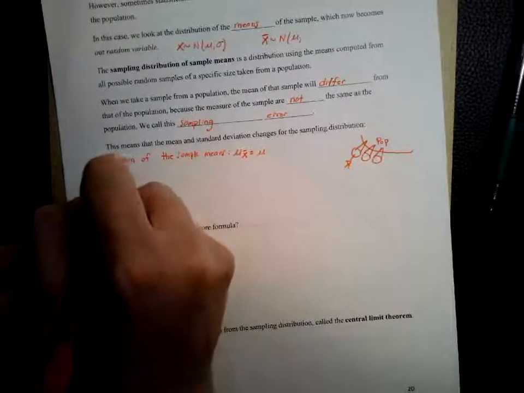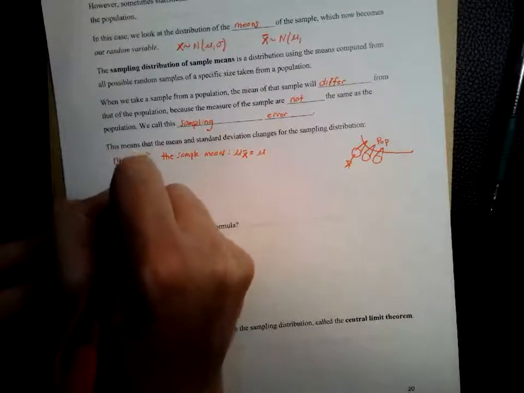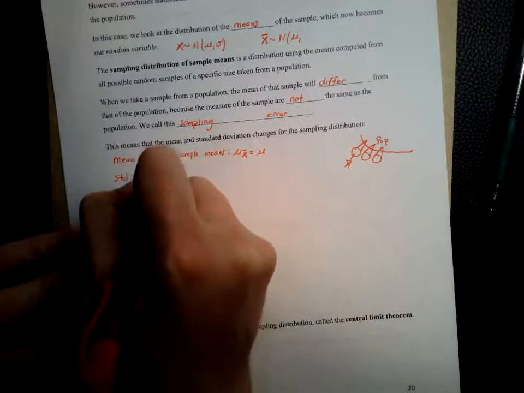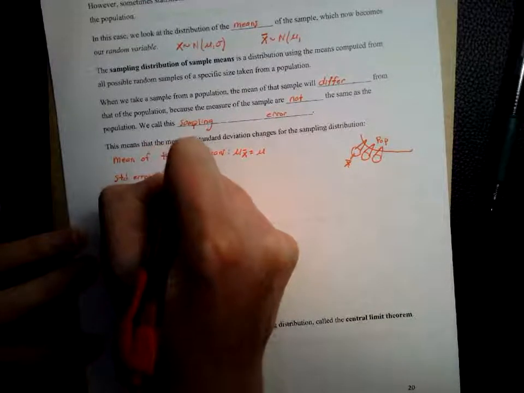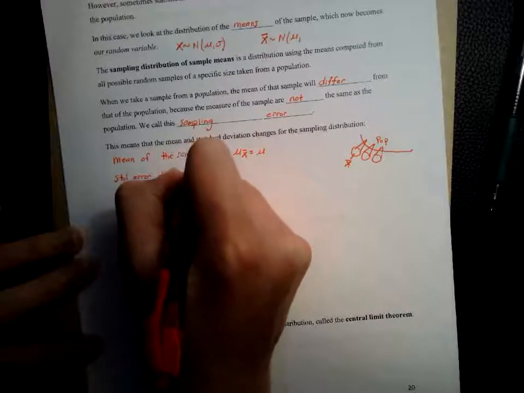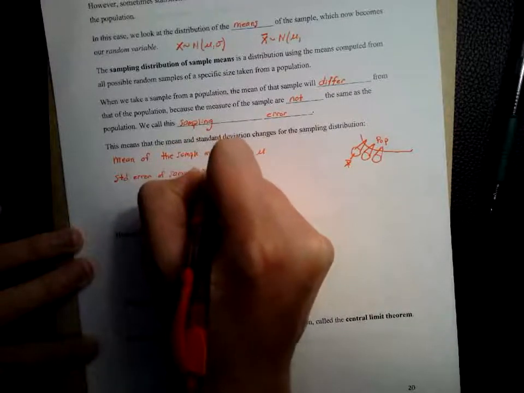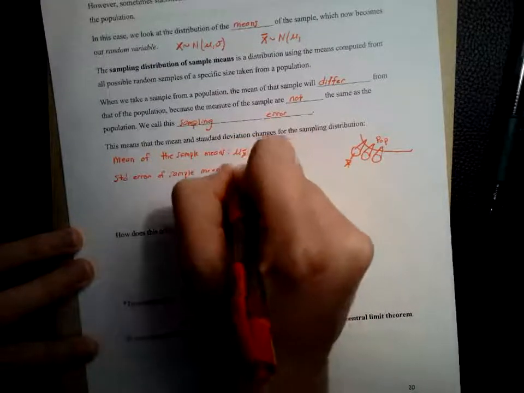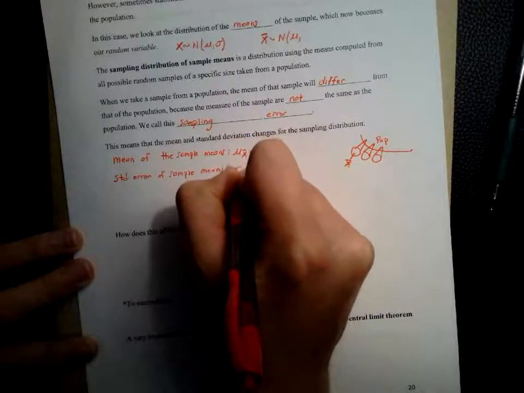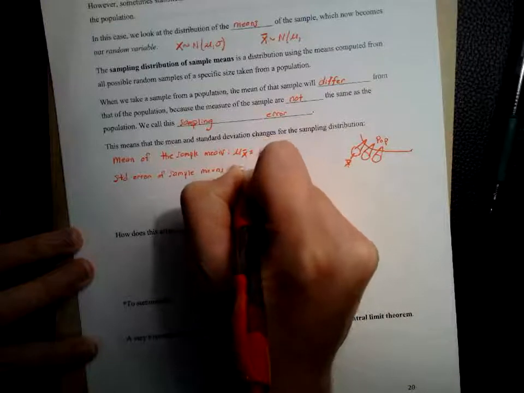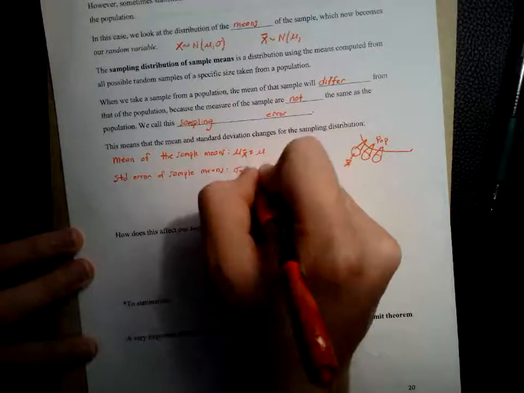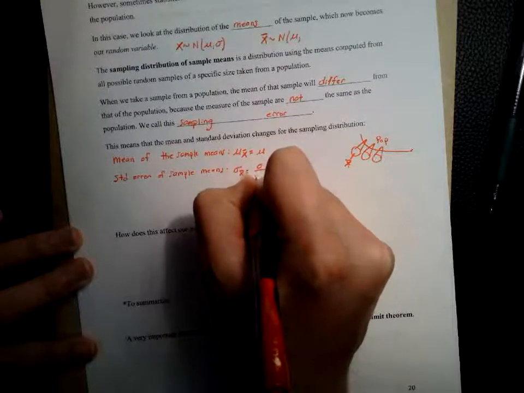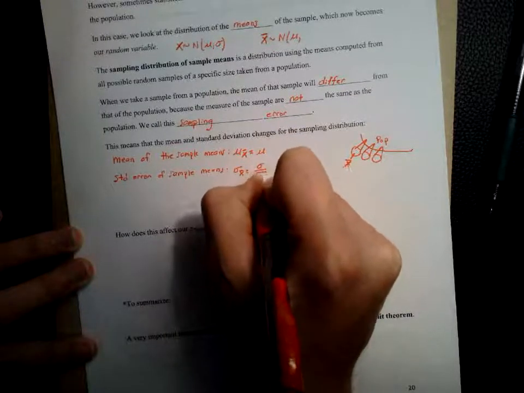And the standard error of the sample means we will denote by sigma of x bar. So sigma of x bar is equal to the original sigma divided by the square root of the sample size.